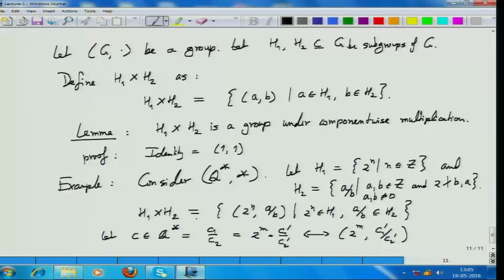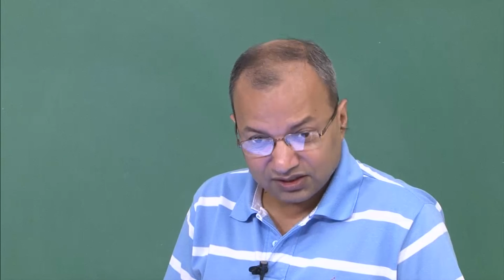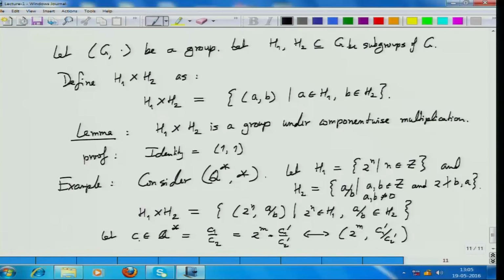One more thing, the group operation on Q star, we should also ensure that it is the same as the group operation on H1 cross H2. Group operation on Q star is the multiplication. When you multiply two numbers of Q star, what happens to the powers of 2 present?